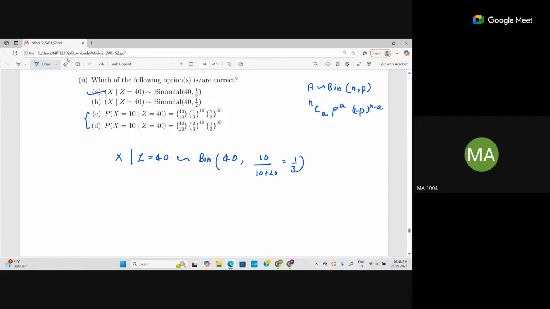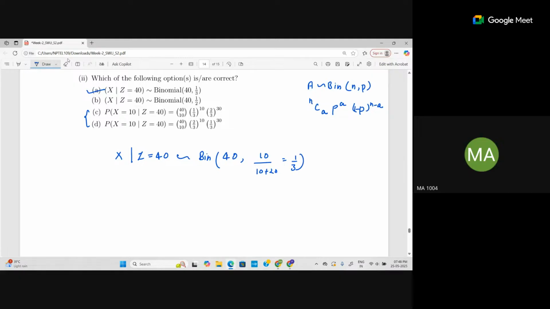So here we have binomial 40 comma 1 by 3. So it is 40 c x, and here x is taking value z, so it will be 40 c 10, where c is the combination, not a variable. Then probability of success to the power 10, so 1 by 3 to the power 10, times 1 minus 1 by 3 to the power 40 minus 10.